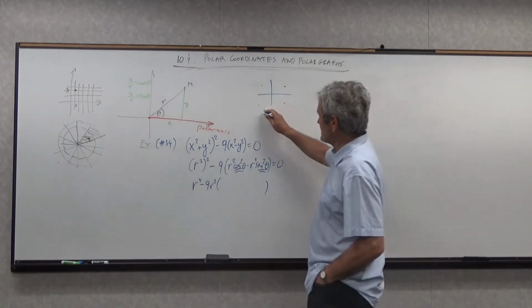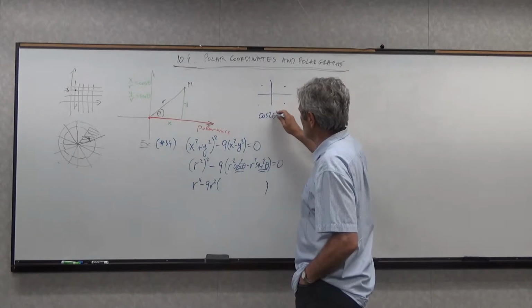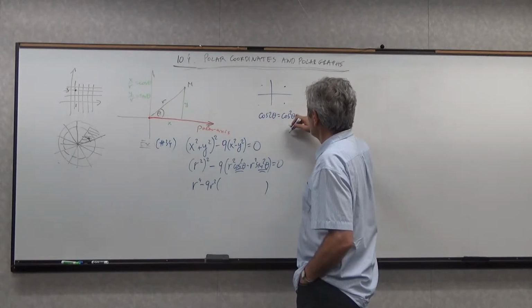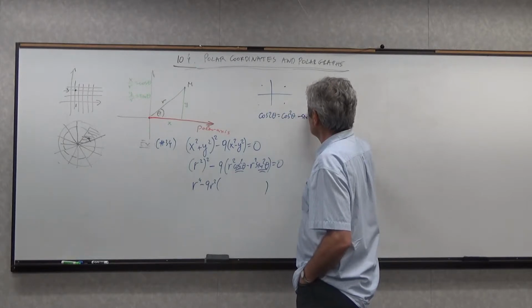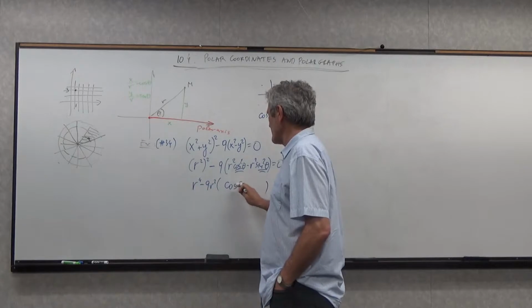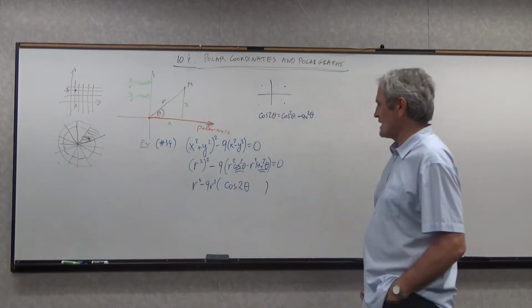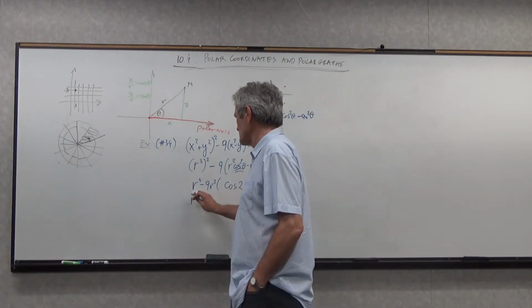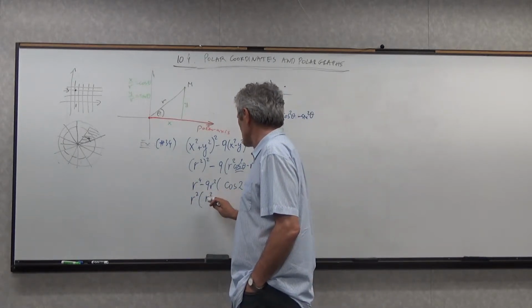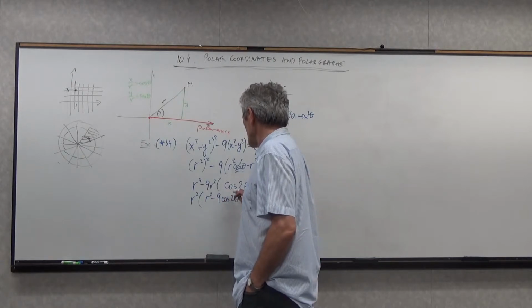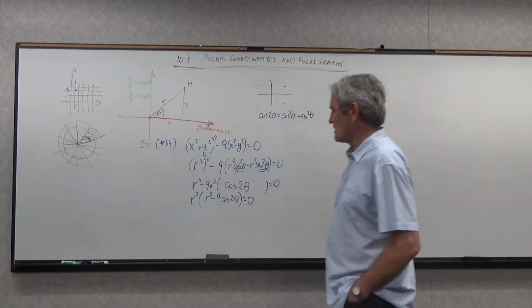There's a formula from trigonometry. Again, we pull out the 9. Cosine 2 theta equals cosine squared theta minus sine squared theta. So this I can write much more compactly. That's cosine 2 theta equals 0. I can factor out r squared, and I'll get r squared minus 9 cosine 2 theta equals 0.